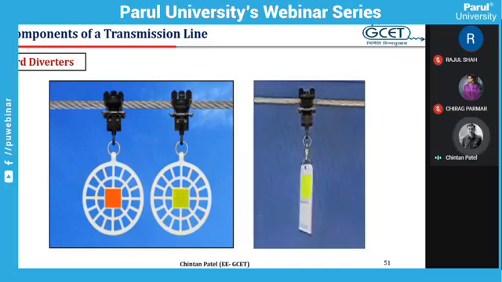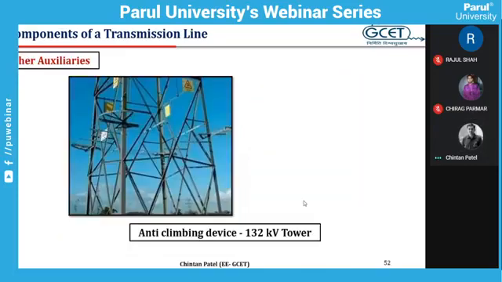Radiant colors are used so that they are visible from a long distance, and observing this, the group of birds, the flock, will change elevation to prevent the collision. So this is the bird diverter.